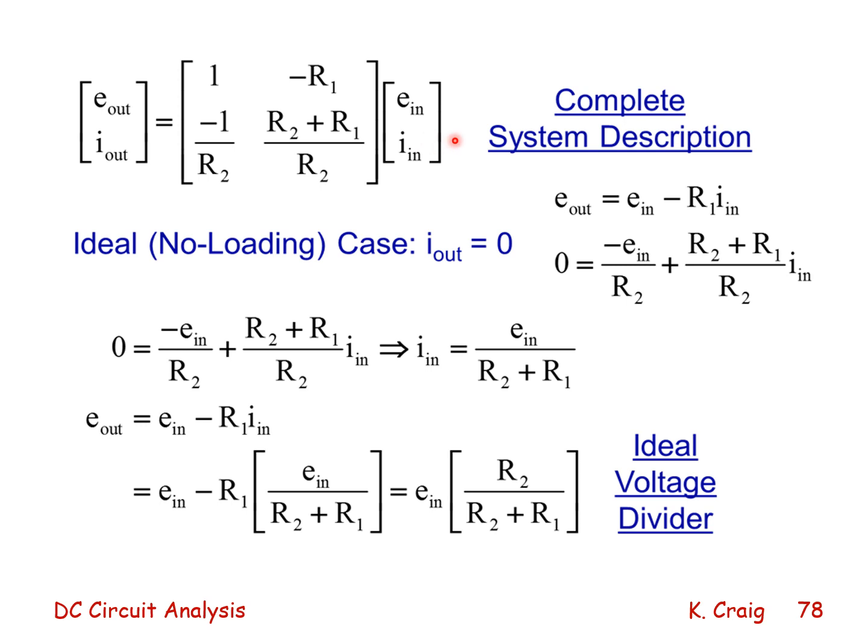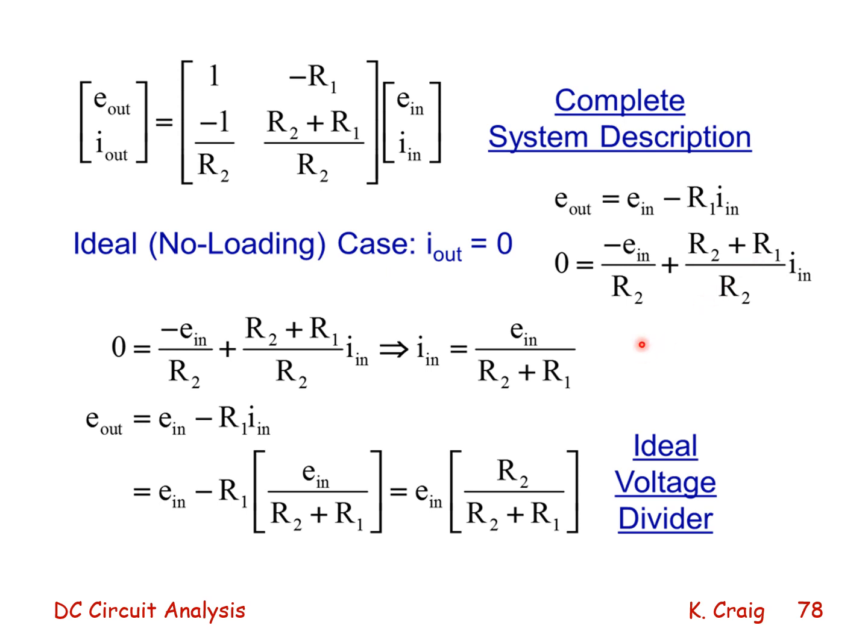Now, this should collapse to the unloaded equation for an ideal voltage divider if I just make I out equal to zero. If I do that, then this matrix formulation, which is a complete system description, reduces to these two equations.